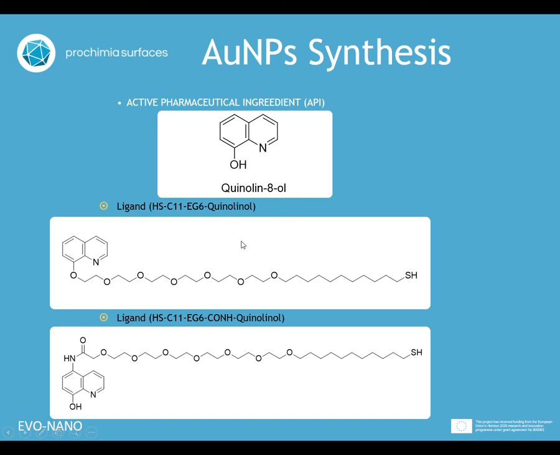These ligands were designed in such a way that the thiol group is used for attachment of the compound to the surface of the gold nanoparticles. The ethylene glycol units improve the solubility in water, and also provide resistance of the gold nanoparticles to non-specific interaction. And then, as you can see, the quinolinol is attached at the end.